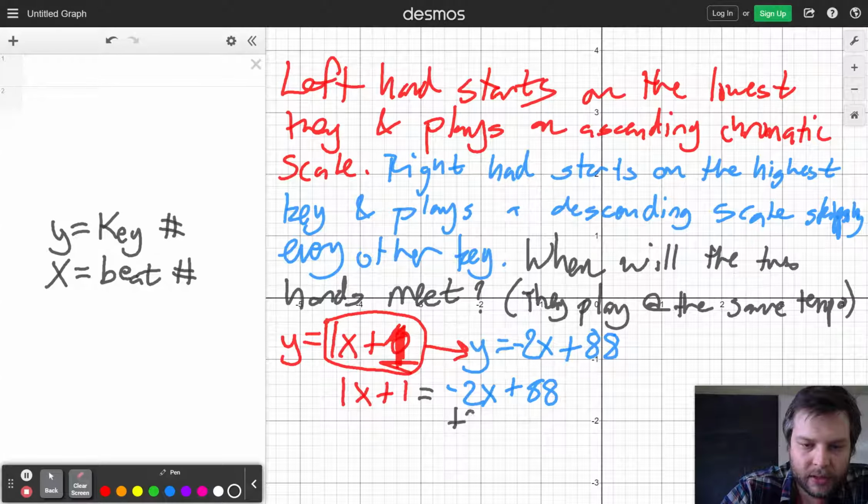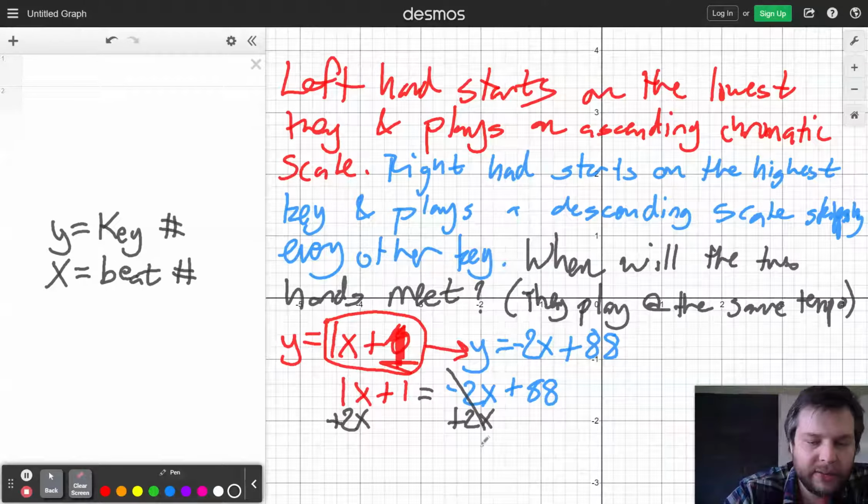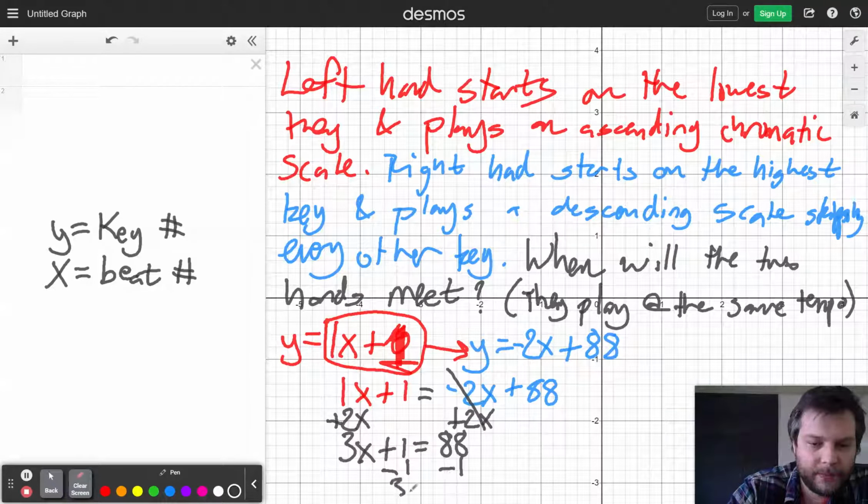Remember, that's good algebra advice, bad relationship advice. Add 2x, because that's the opposite of the x's on the right side. Not that you need to move them to the left side, but you need to get them on the same side, whatever side makes you happier. Then I'm going to move the numbers to the other side because you don't want your x to have your number. So you have 3x is equal to 87.